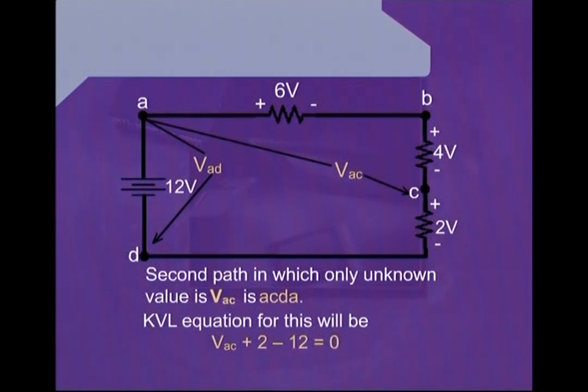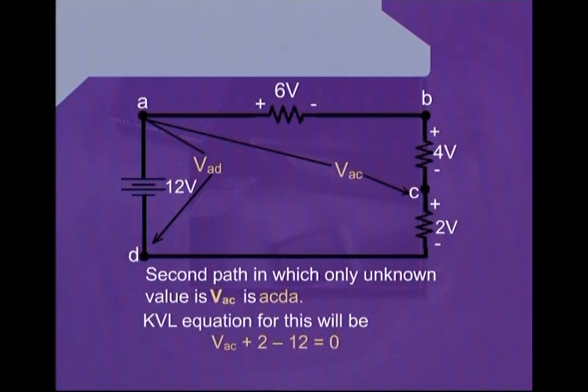After reaching at the point D, once again we will be facing towards the point A. However, we encounter another voltage source in between the point D and point A, and that voltage source has been given a value of 12 volts. Also, the terminal of the voltage source which is towards the point D, that is negative.